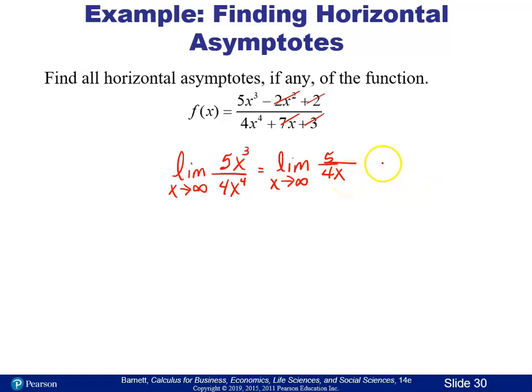The denominator's growing, the numerator's staying the same. So this actually has a limit of 0. So it also has a horizontal asymptote of 0. If I looked at the limit as x goes to negative infinity, it's going to basically be the same thing. It's still going to be 0. So it's still going to be y equals 0.